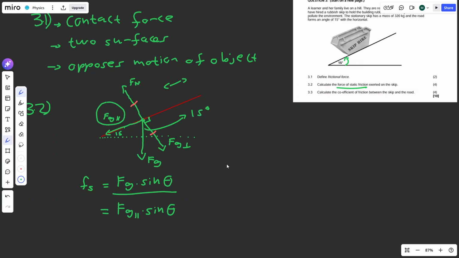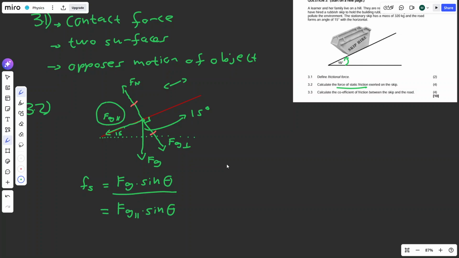So this angle is between the perpendicular component and the actual gravity, Fg. Because you remember, we had broken Fg down into Fg parallel and Fg perpendicular. So this angle is between the perpendicular and the Fg that is acting strictly downwards.